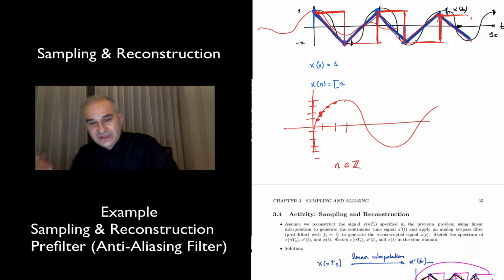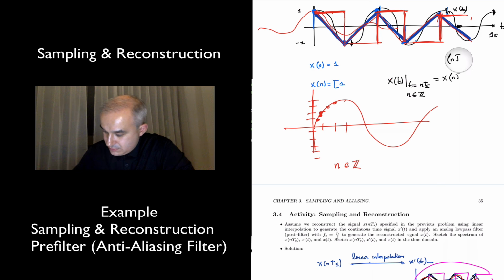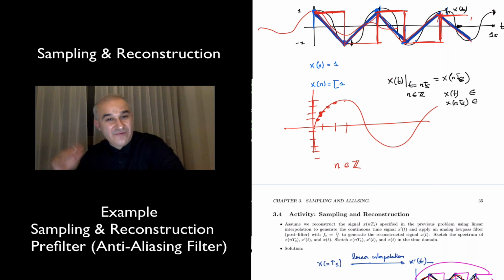For the quantization, the difference between the digital signal, you have x of t, once we sample at nTs for n an integer, we get an x of nTs, where both x of t as well as x of nTs have infinite precision.